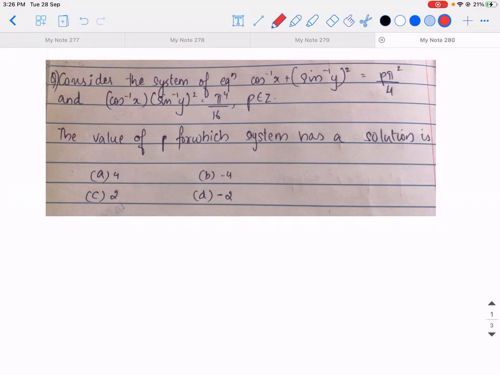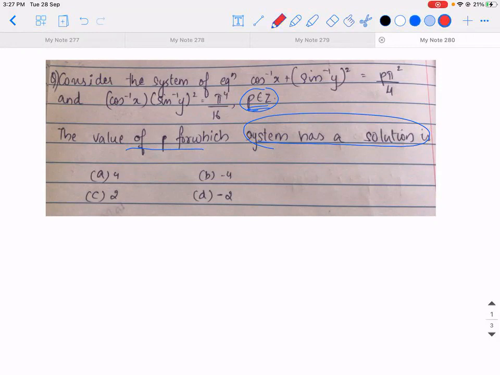Also, we have to consider the additional information given about p. P is an integer, p belongs to Z. The value of p for which the system has a solution is. So they are asking to find the value of p as a solution.